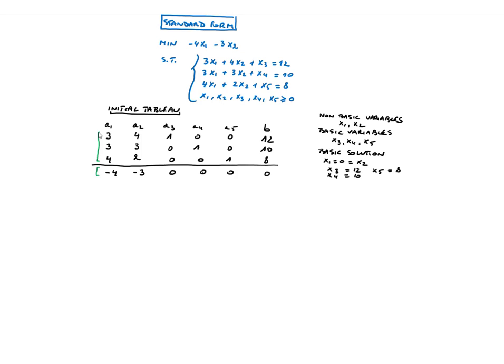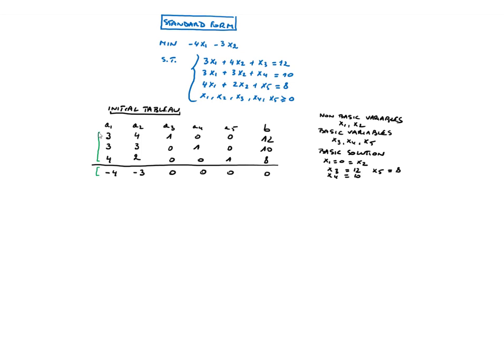In this case, since our original problem only involves inequalities smaller or equal, we had slack variables, and you can see that we have our problem already in canonical form, and it's easy to find an initial feasible basic solution.